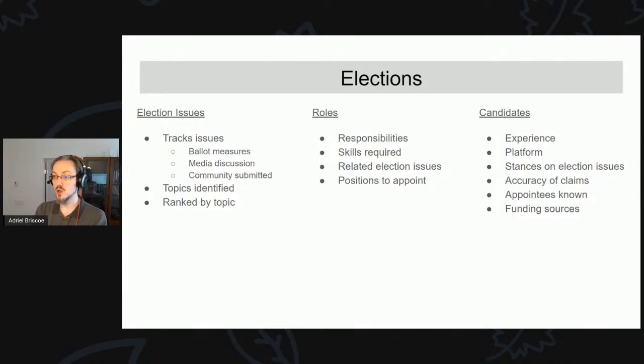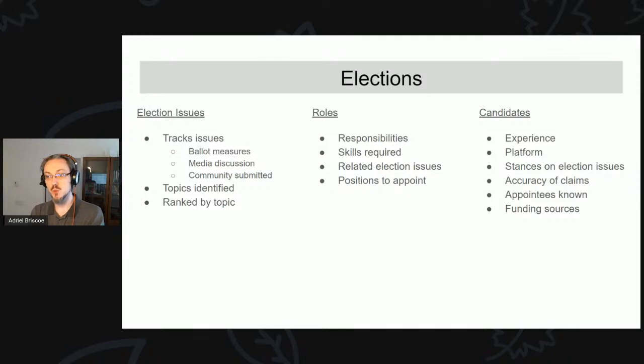So the community can also submit issues, and they can say, even though we aren't voting on this directly, it's not a ballot measure, and the media is not talking about it, a bunch of the people who are voting in this election have said that this is important. So we'll want to track what the politicians involved are saying about that issue.